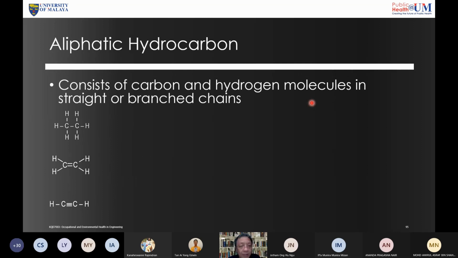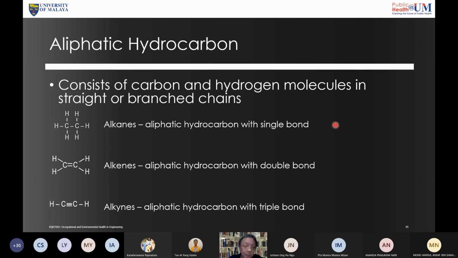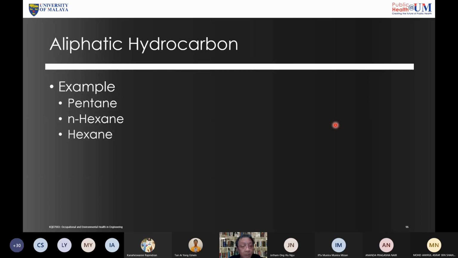Of course, we have aliphatic hydrocarbons, which consist of carbon and hydrogen molecules in a straight chain. Alkanes are aliphatic hydrocarbons with single bonds, then alkenes and alkynes, so single, double and triple bonds. Examples are pentane, N-hexane, heptane, octane, nonane.